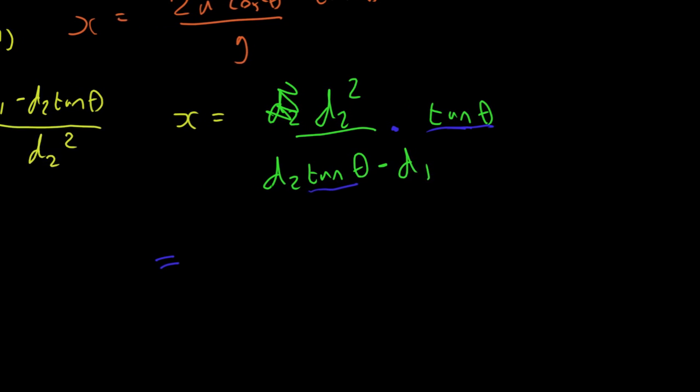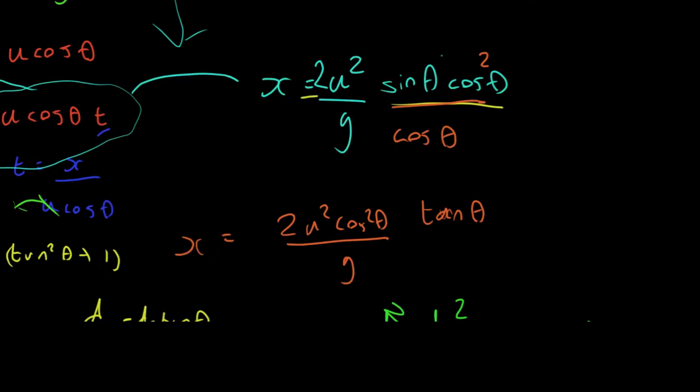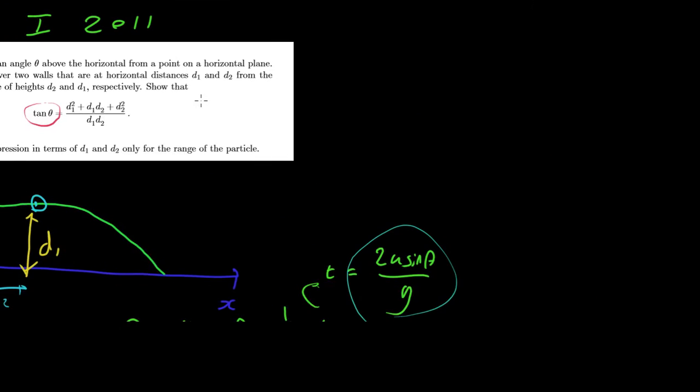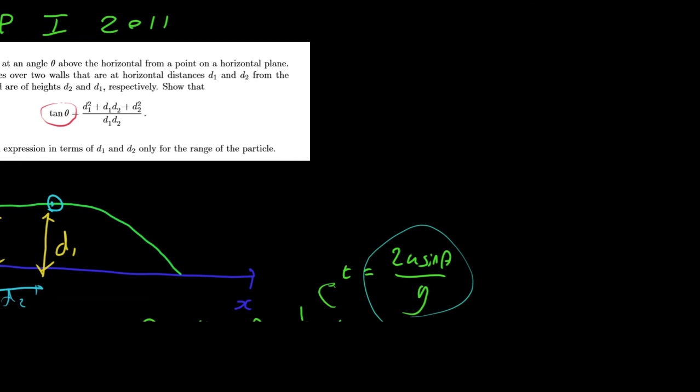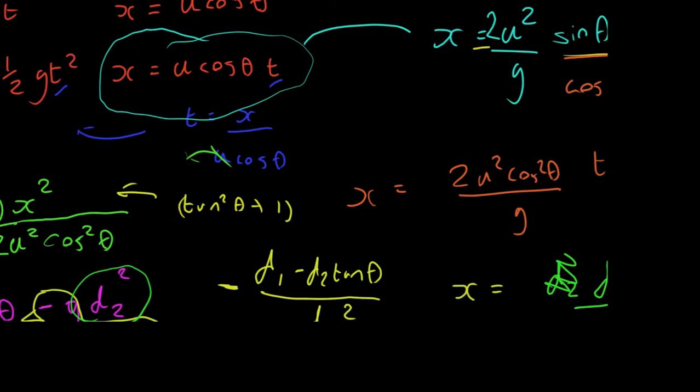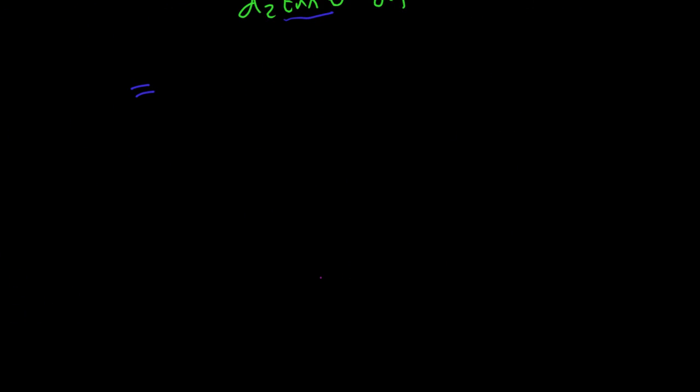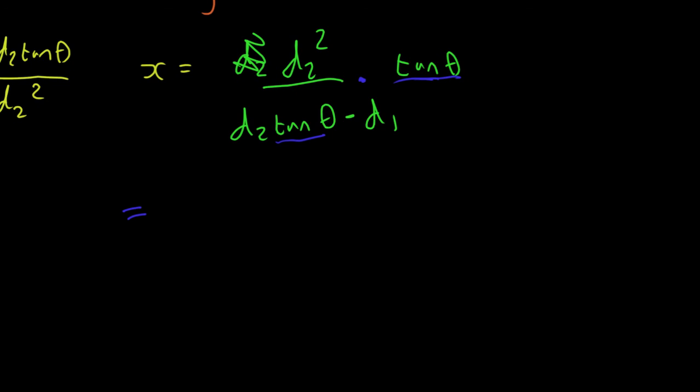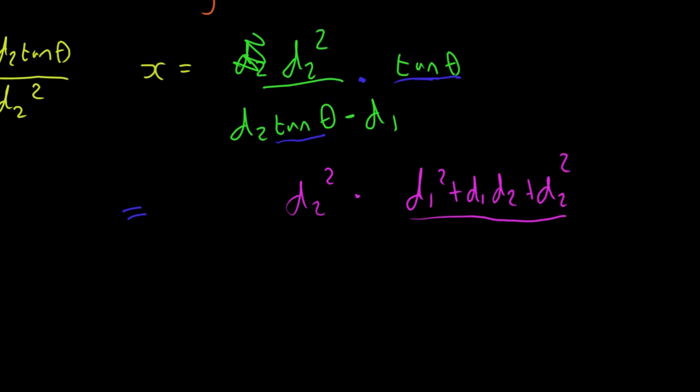Okay, so using the formula for tan theta, what was it? It was d1 squared plus, I'm trying to remember that. d2 squared, of course, over, was it d1?